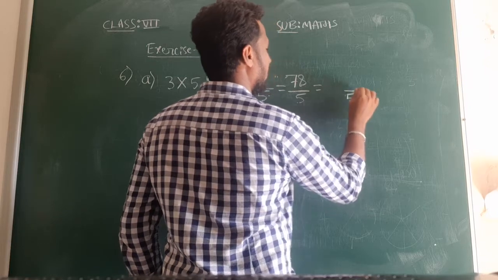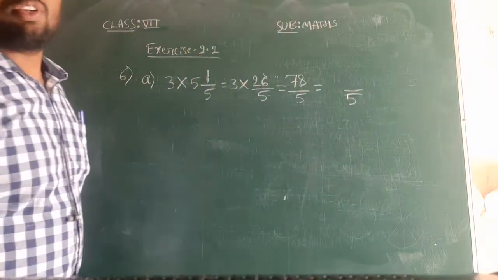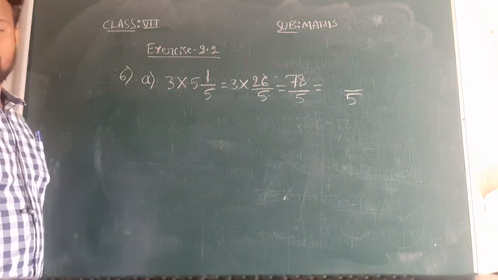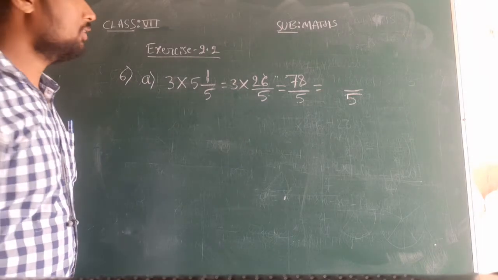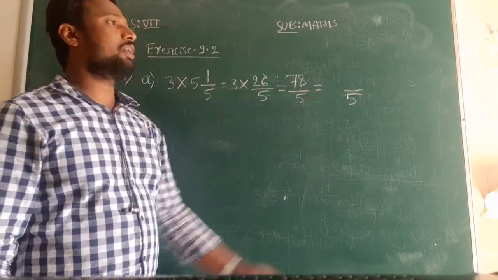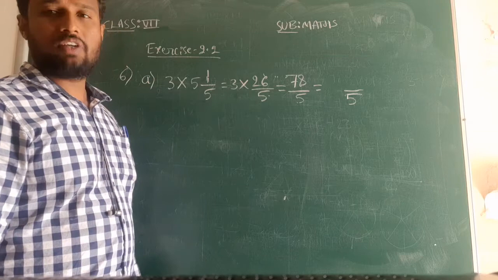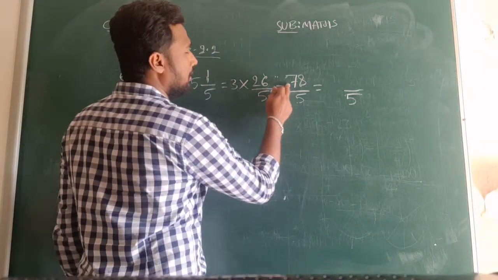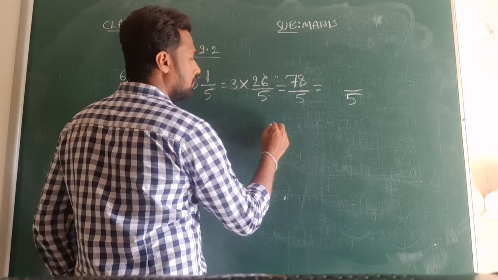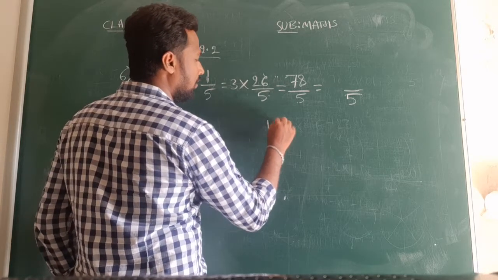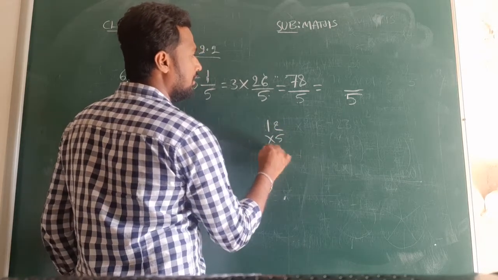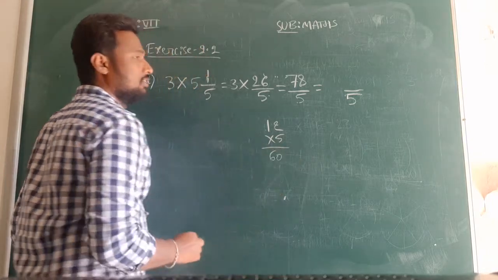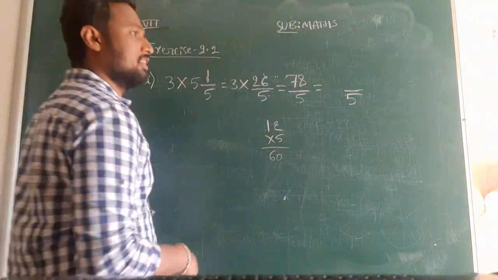Okay, first I will write the base as 5. Therefore, the multiplication should be with 5 only. If you consider here we have 78. If you consider 12 into 5, what you will get? 60. 12 into 5, 60.